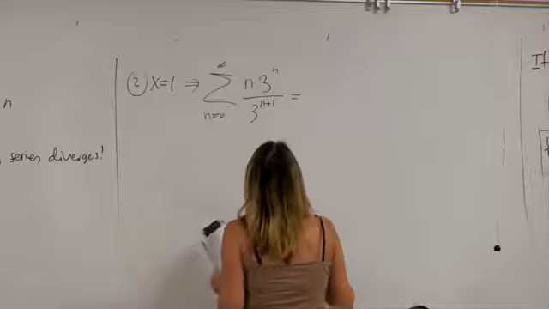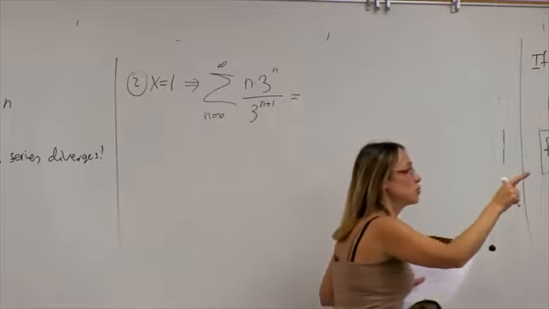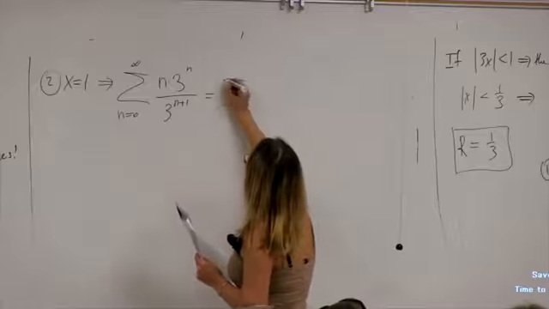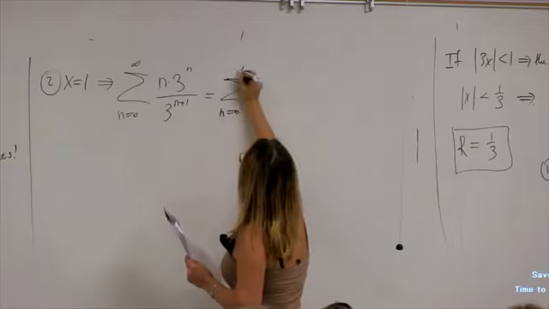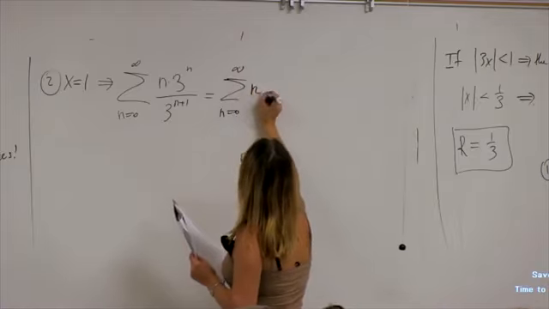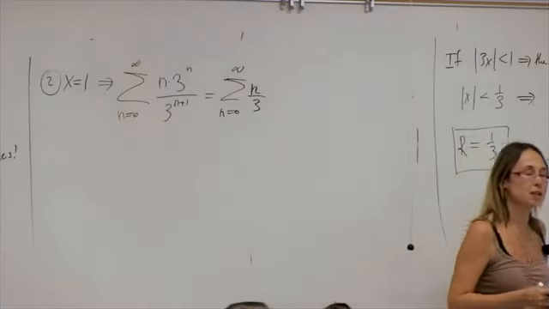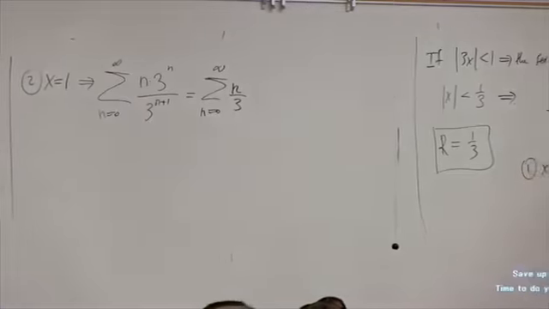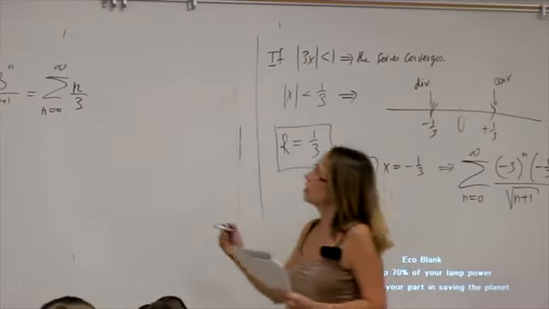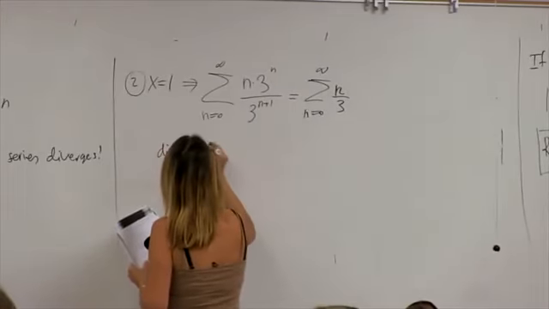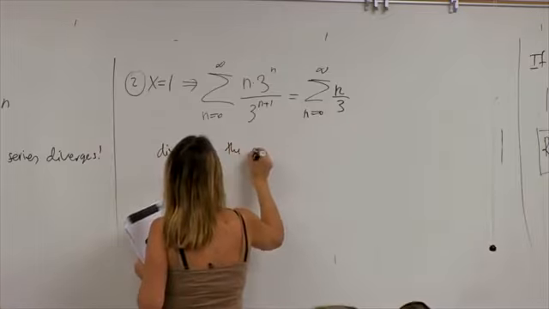This is because x plus 2, I take x equals 1, so I have 3 to the n. So again, this gives me something that looks like this, and obviously each term an grows. They don't go to 0. Again, it diverges by the divergence test.